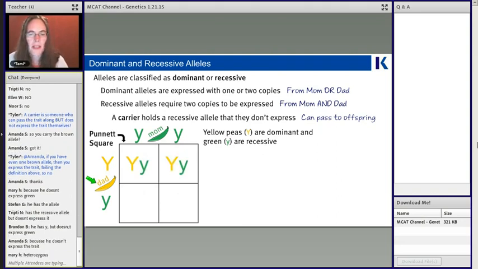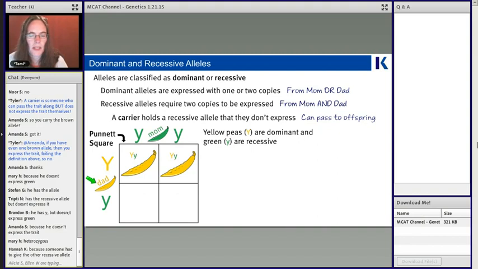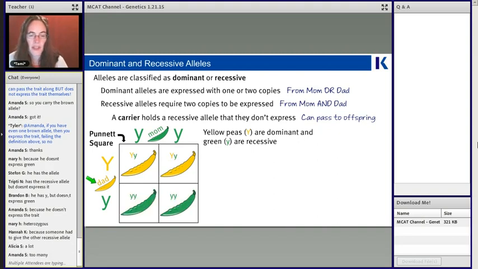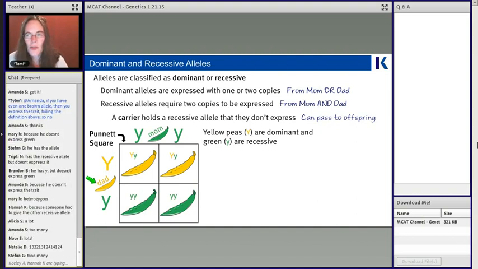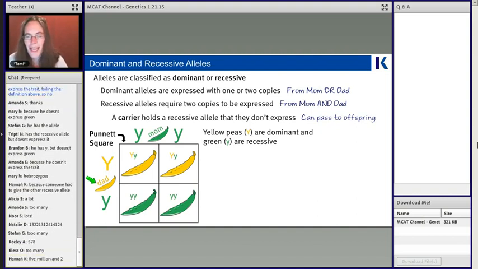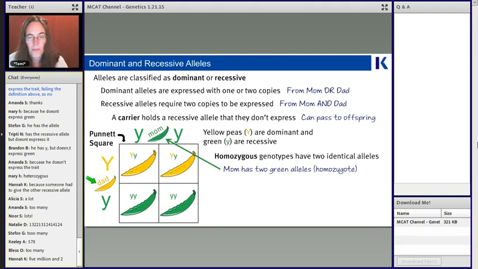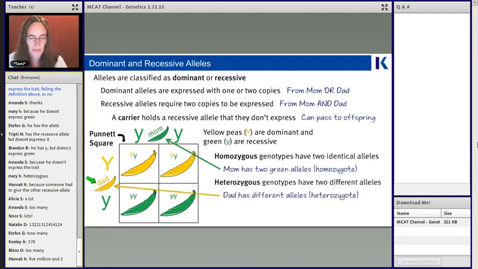So Punnett squares, how many Punnett squares have you done in your life? Bunches. So you should be used to how this works. Now, when I look at this, my homozygous genotypes have two identical alleles. Mom's going to be green. Heterozygous are different.